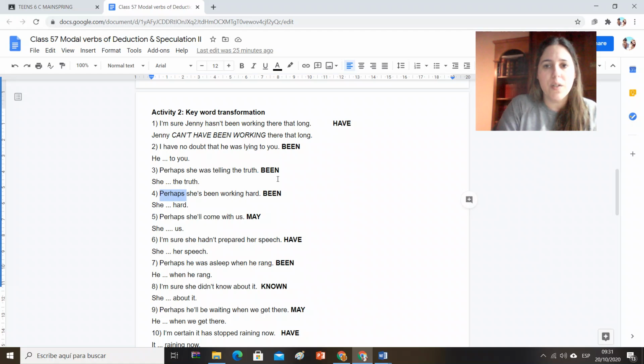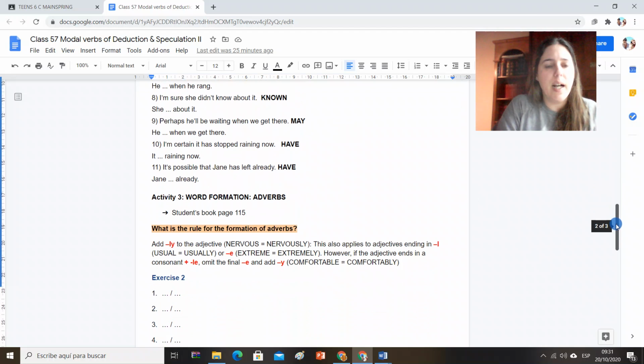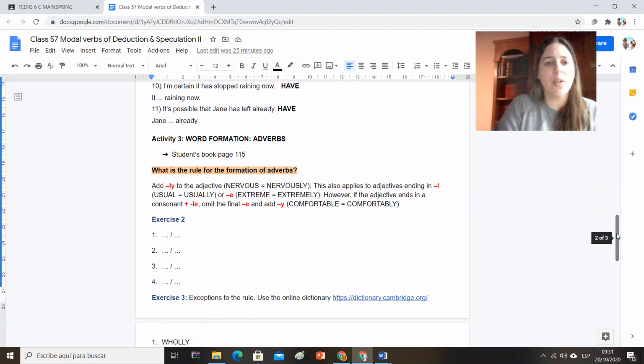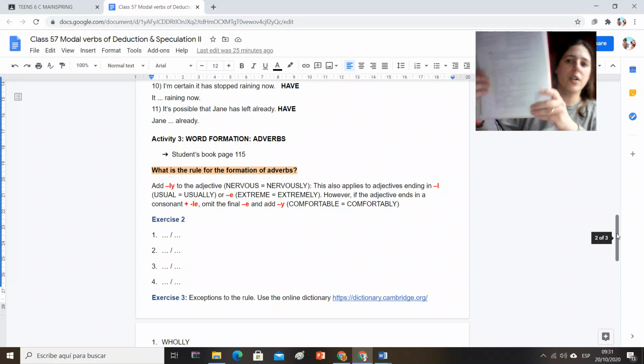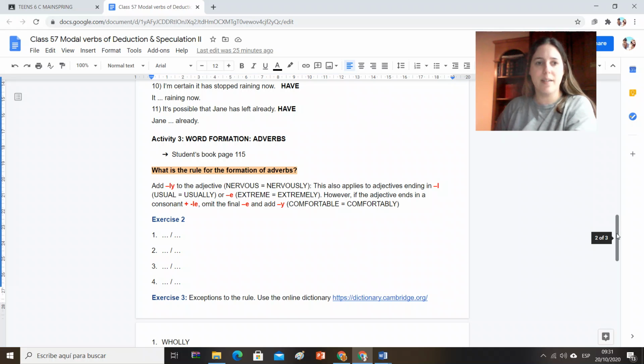Then you're going to open your student's book at page 115 because we're going to practice a bit of word formation, and this time adverbs. At the bottom of the page you will find the word formation adverb exercise.